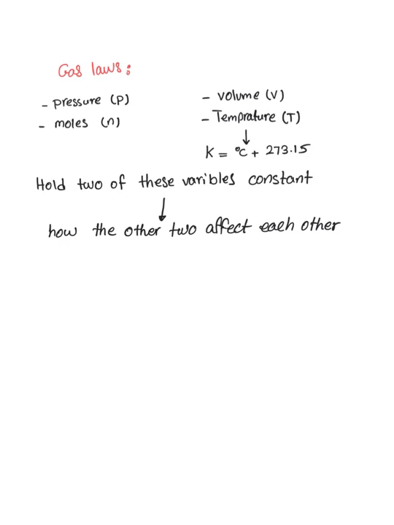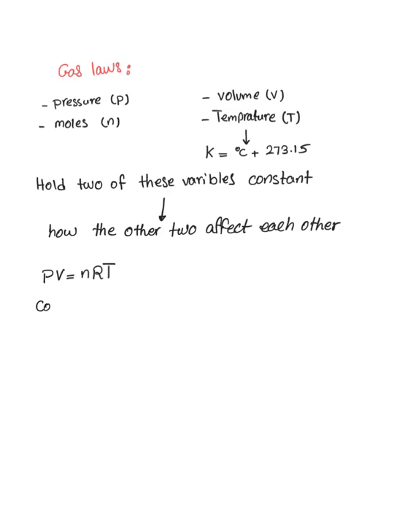We know that there is an equation PV equals nRT for ideal gases. This formula relates all of these variables to each other. In order to derive any of the simple gas laws, you need to rewrite this equation for condition 1 and condition 2 and divide them by each other.